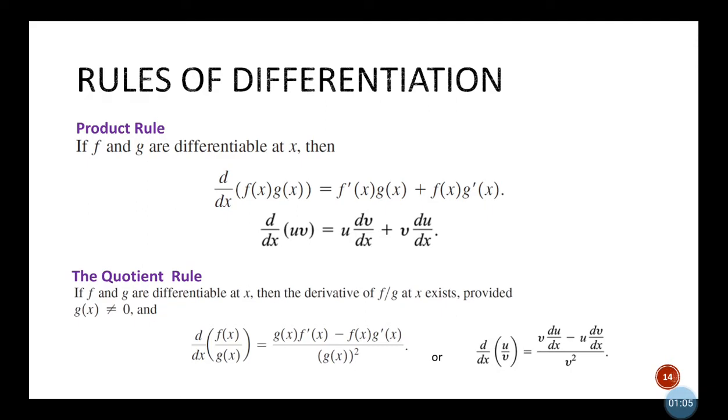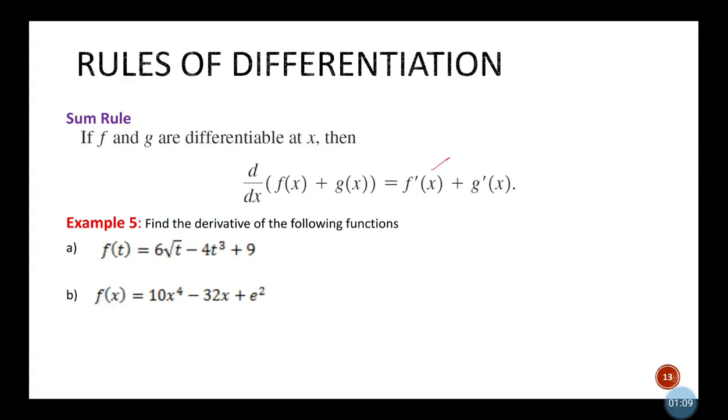For the difference rule, I forgot to say that subtraction is the same. Minus is also the same: the derivative of the difference between two functions is the derivative of the first function minus the derivative of the second function.